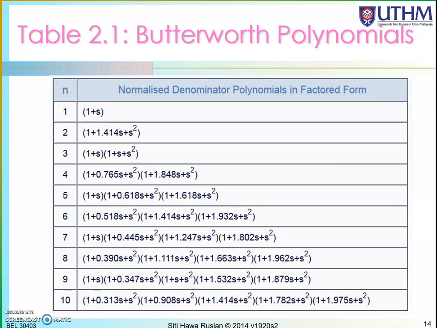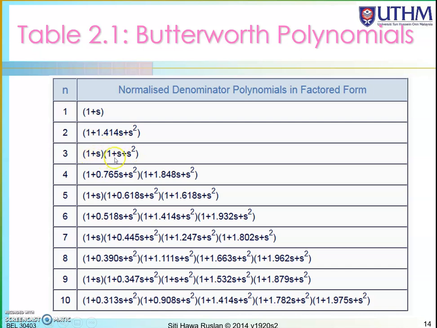For a Butterworth filter, we have a table 2.1 with the polynomials. The n over here indicates the order of the filter, so you can have first order, second, third, and so on until the 10th order. If it is S squared, it is a second order. This has also been factored, meaning this is just S, and this is S squared.